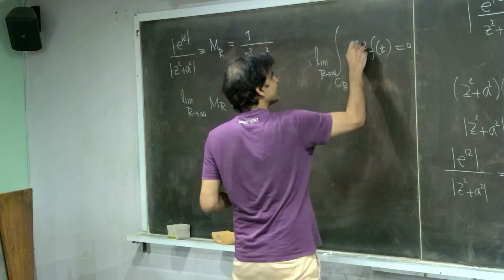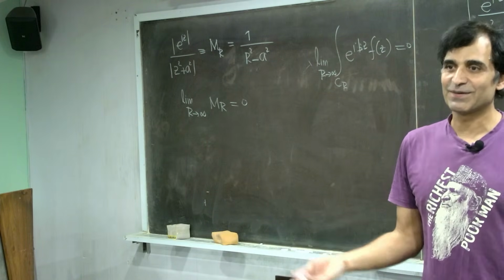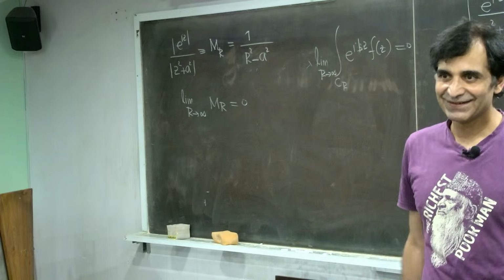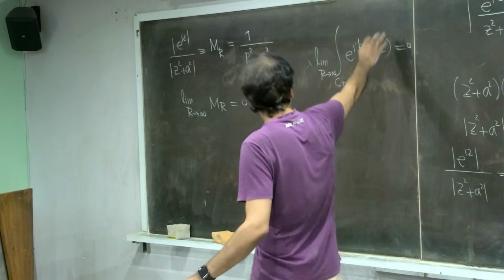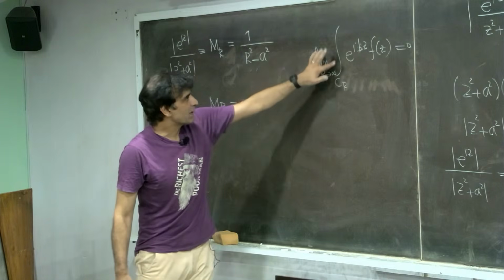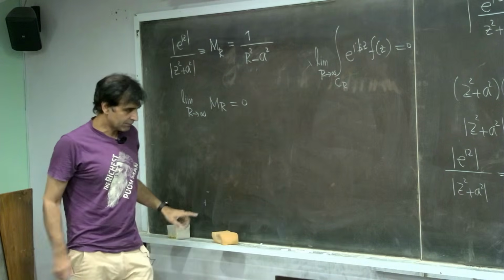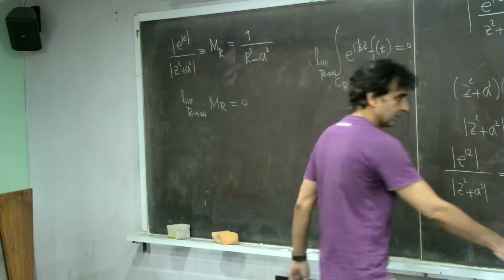Instead of a, let me write it as b. So your b is 1, f of z is 1 over z squared plus a squared. It's perfectly fine. That's why I said that the maximum of this should go to 0 when I take r to infinity. Let me apply it to one example and then everything will become clear.